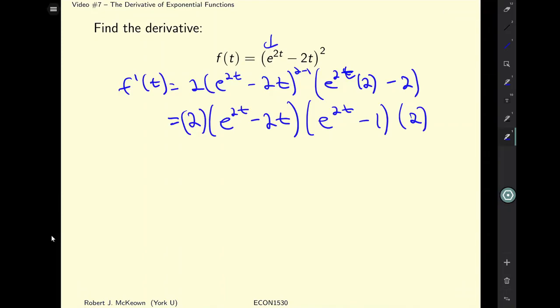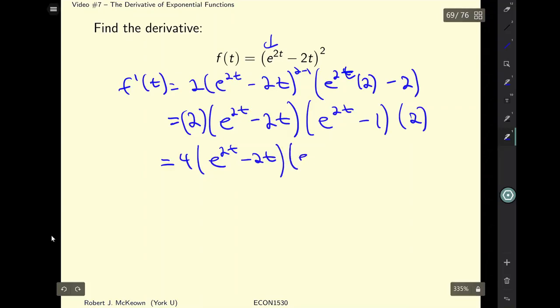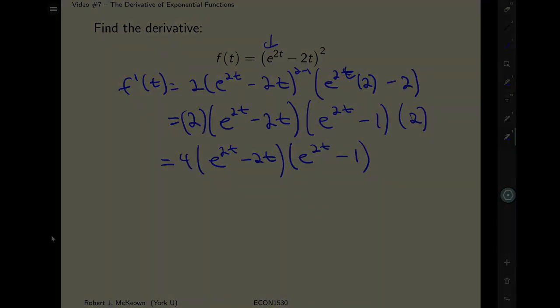And then I can rewrite this as just 4 times e^(2t) minus 2t, minus 1. And I'm not sure I can do anything better with this than what I've done.